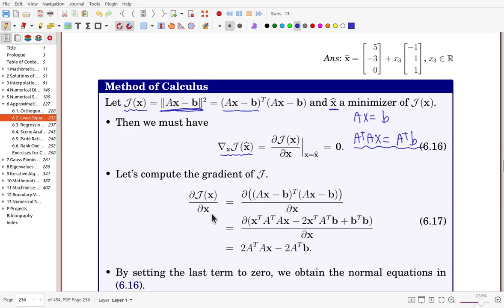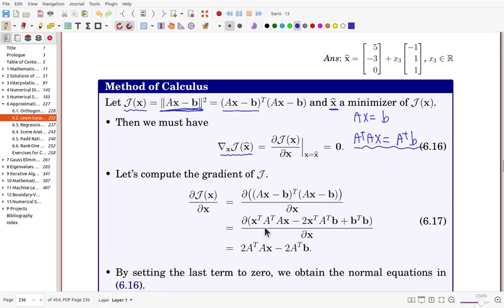Here we write down the expanded terms. If you expand, you will get this one. For each term, we apply the gradient.